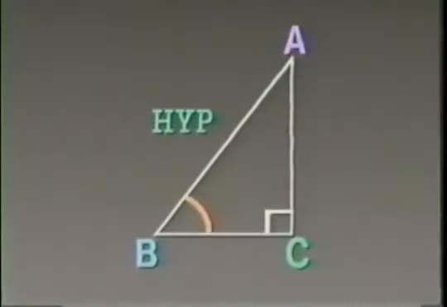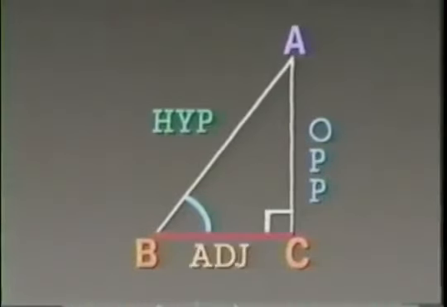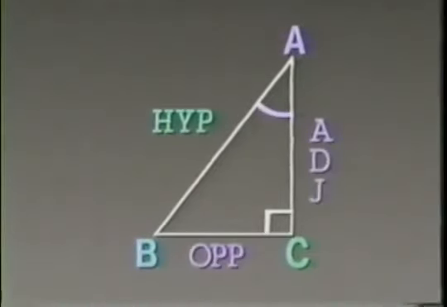When we're considering angle B, AC is the opposite side, and BC is the adjacent side. The names switch when we're looking at angle A. The opposite side is always opposite the selected angle.